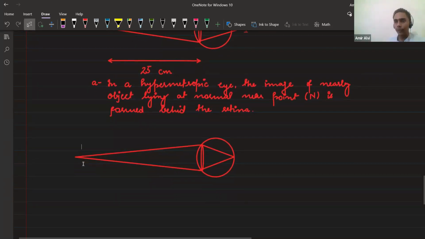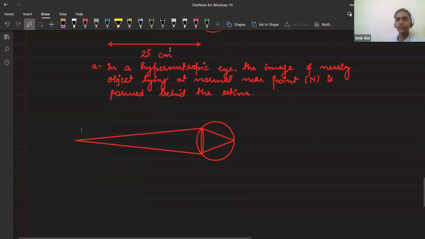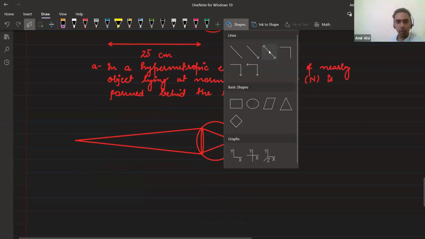It is greater than 25 centimeter. It has gone beyond 25 centimeters. So this is the near point I'm writing here.